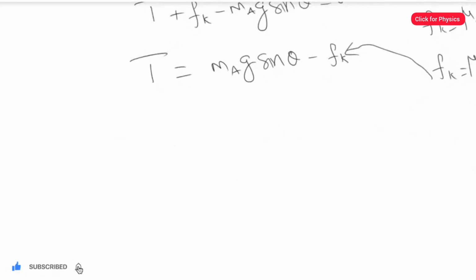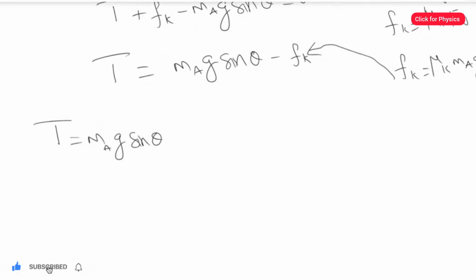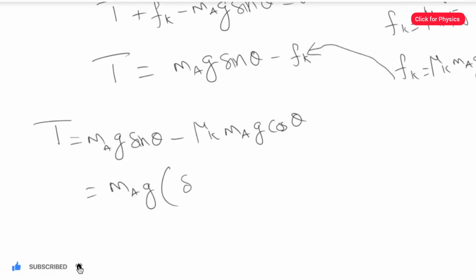So if you substitute, you will get T equal to MA multiplied by g sine theta, and in place of Fk, I substitute this equation, minus mu k MA g cosine theta. Let's take the common term outside. Here MA g is the common term, so I can take it outside. So MA g, and inside the bracket we get sine theta minus mu k multiplied by cosine theta.